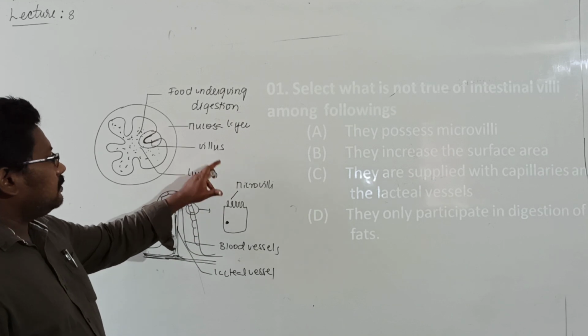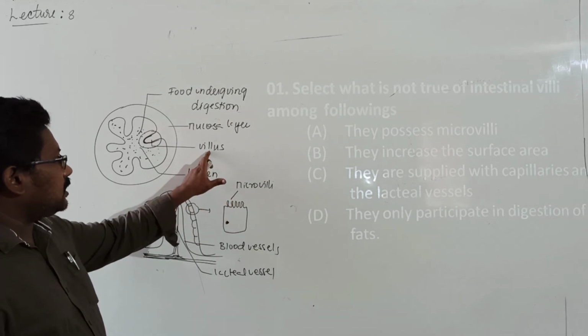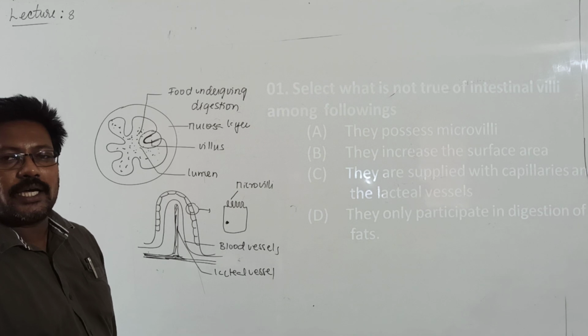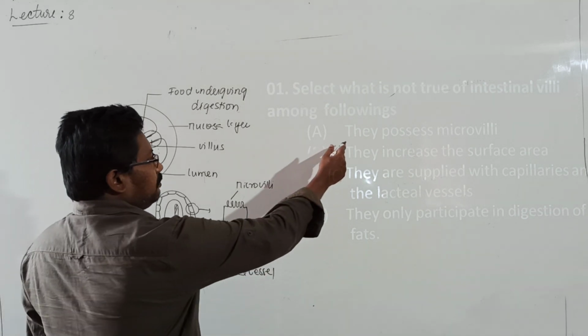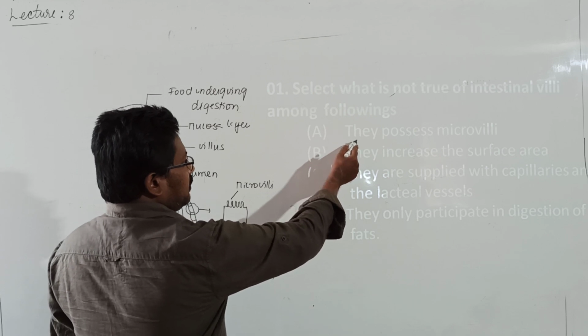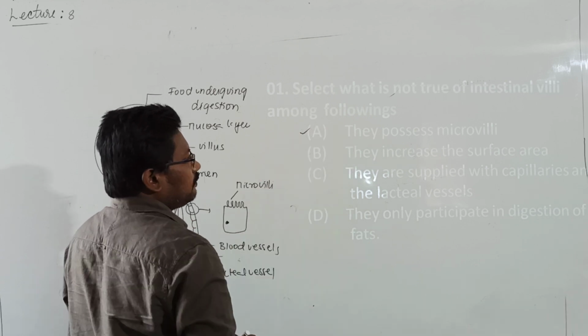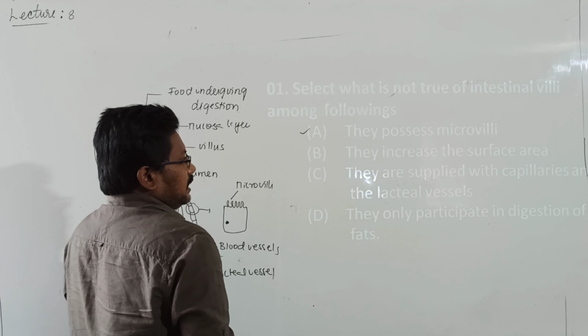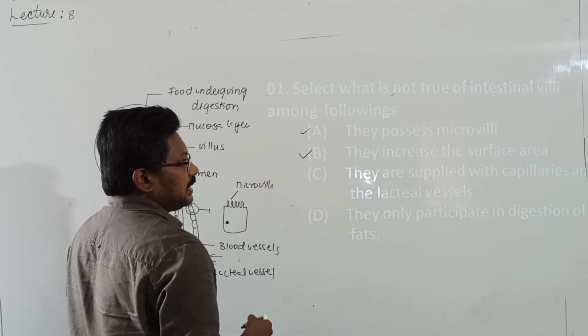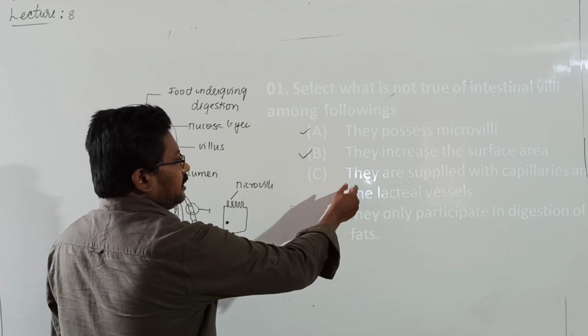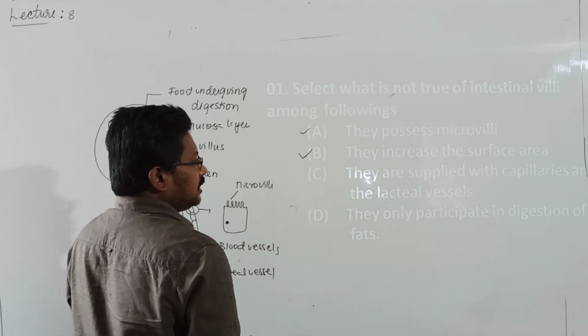So this villus and microvilli, as we have seen in our concepts, both help in increasing the surface area. So they possess microvilli. This is the correct one. They increase the surface area; this is also correct regarding the intestinal villi. They are supplied with the capillaries and the lacteal vessels.